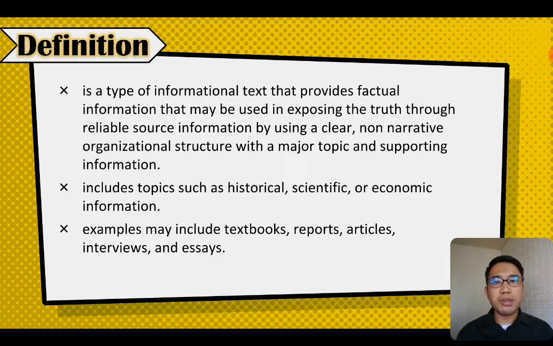Expository text must be based on facts. It exposes the truth. So for it to be based on facts, our sources must be reliable. It must also be clear. It includes topics such as historical, scientific, or economic information. And our examples may include textbooks, reports, articles, interviews, and essays.